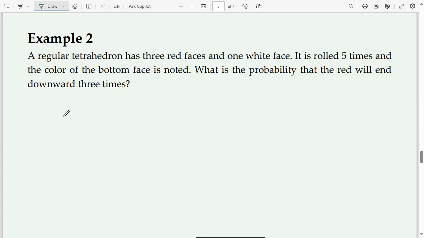a regular tetrahedron has three red faces and one white. It is rolled 5 times and color of the bottom face is noted.